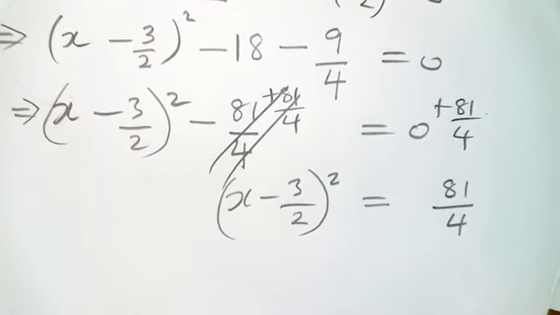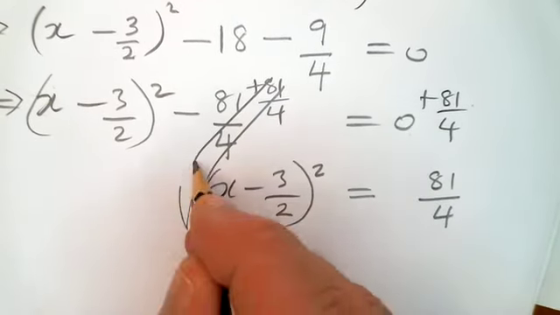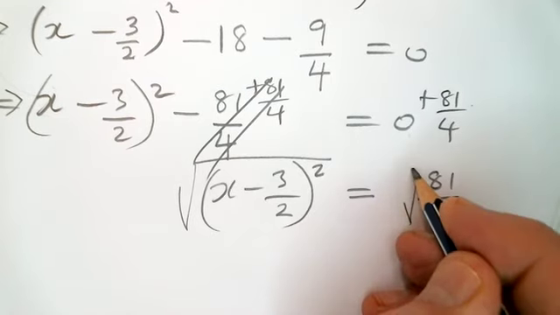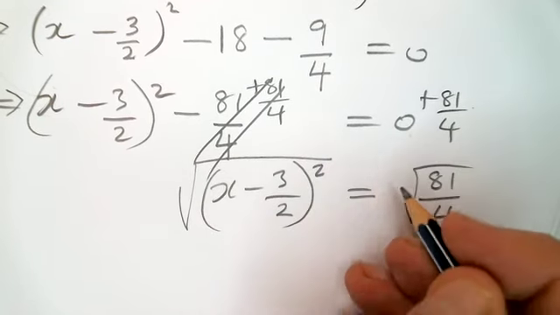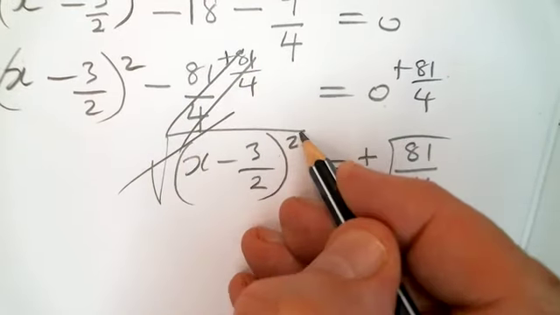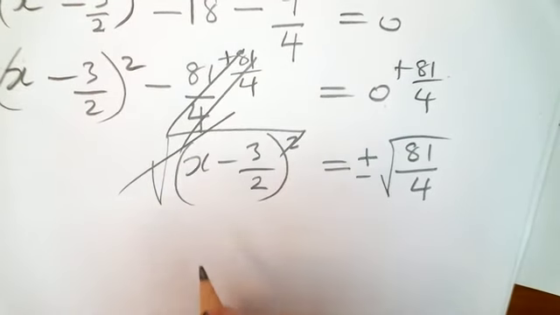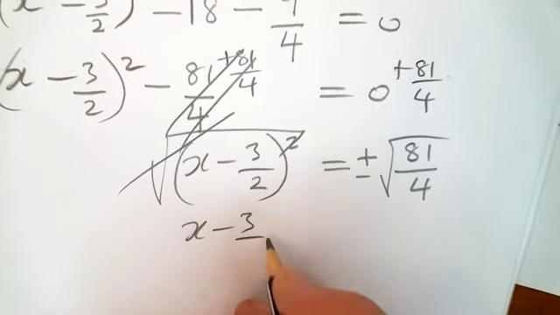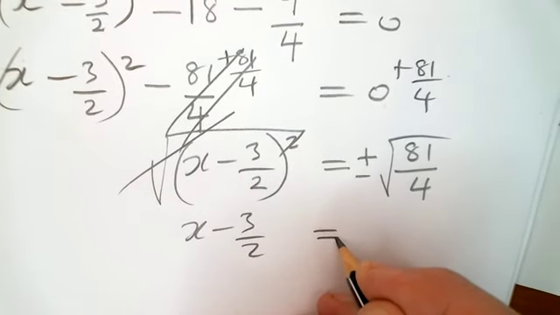Now I'm going to find the square root of both sides. Of course, when I find the square root, I must write plus or minus. So the square root and the square cancel. I'm left with x minus 3 over 2 is equal to.